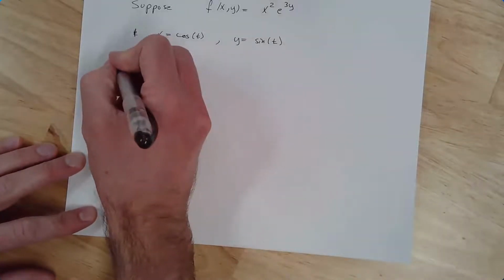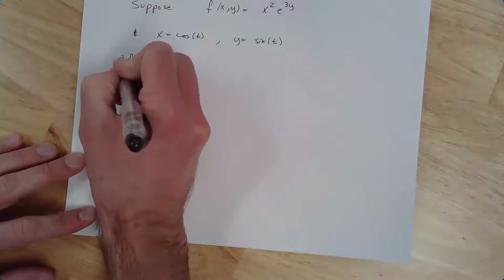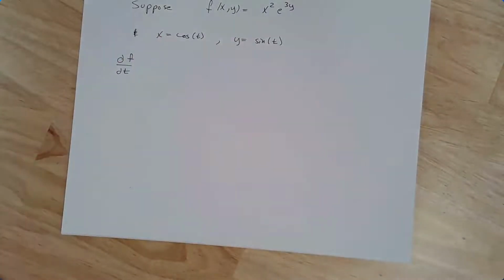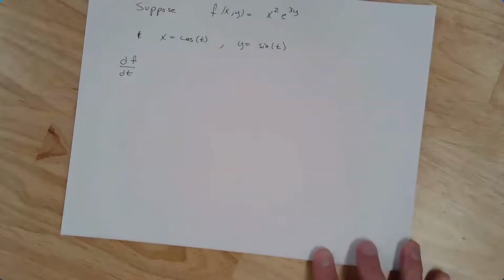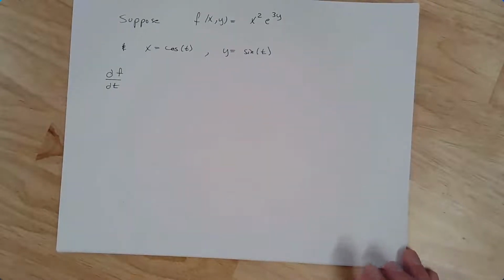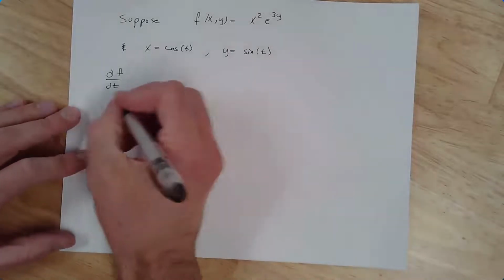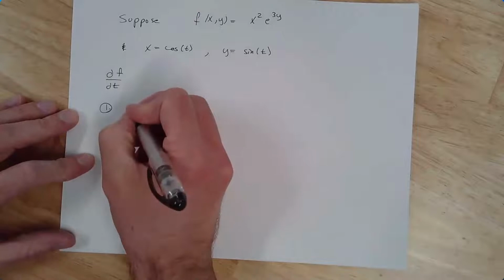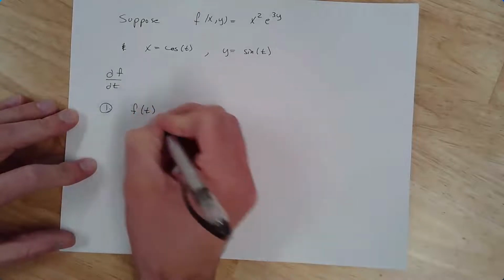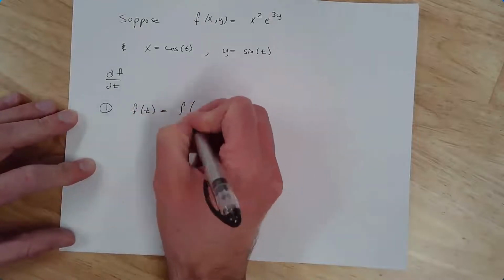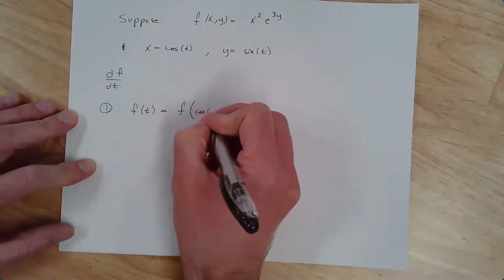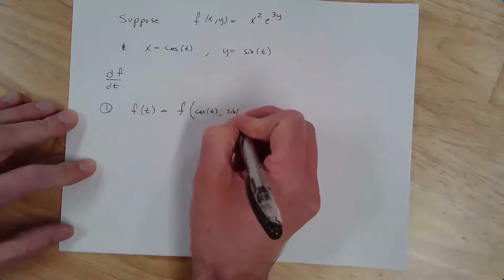I want to find df dt. And there's actually a couple ways you can do this. Here, we could totally do it the quote unquote long way. We could write f as a function of time is f of cosine of t, sine of t, right?